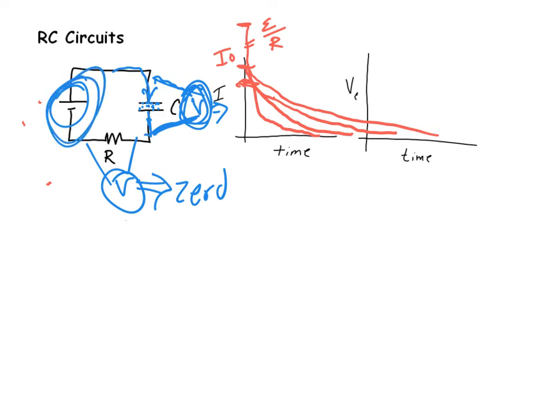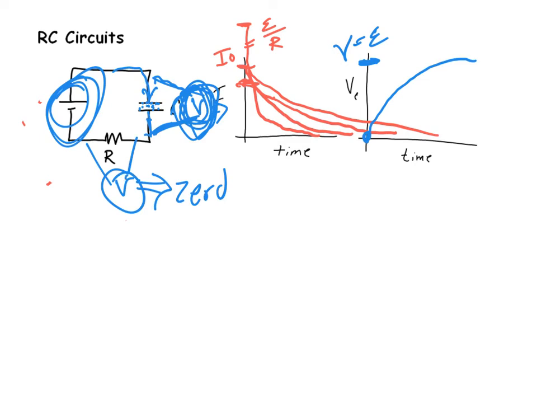So the voltage across the capacitor is going to measure some value that's equal to the EMF. Starting off at 0, it will look like this. The voltage across the capacitor will grow to be the voltage of the source, and then we can say that the capacitor is charged up to a certain voltage, and it has a certain amount of charge, and if we know the capacitance, we know what that ratio is.